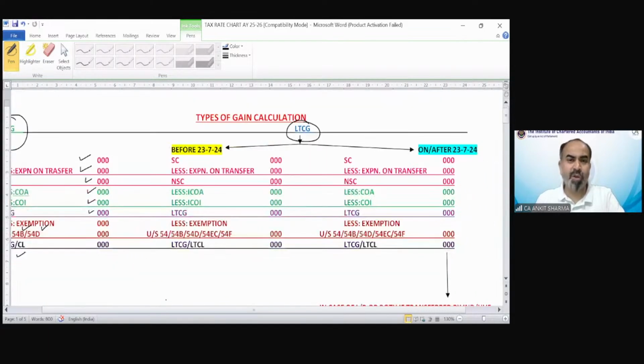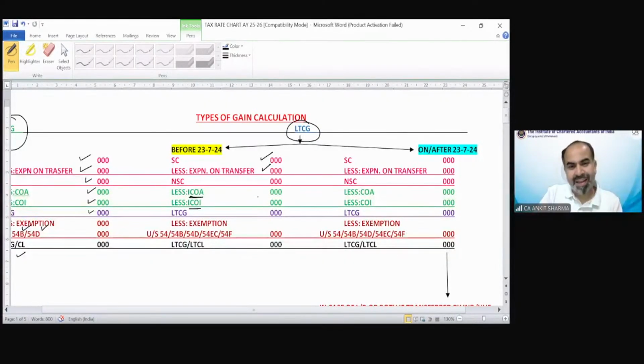In case of long-term capital gain, if it is before 23rd of July, the concept of indexation is there. Same sale consideration and expense; the difference is the indexed cost of acquisition. Even before 23rd of July, there are certain long-term capital assets on which indexation cannot be done. We have gone through that provision also, like bonds and debentures, slump sale, etc. Clear?